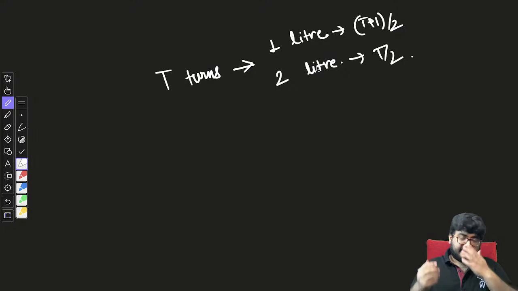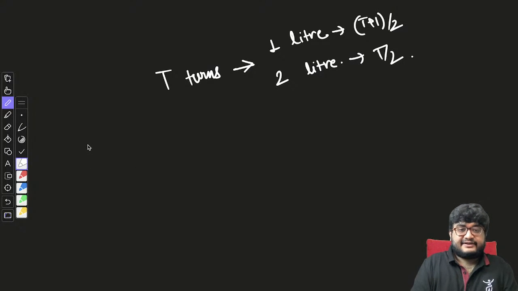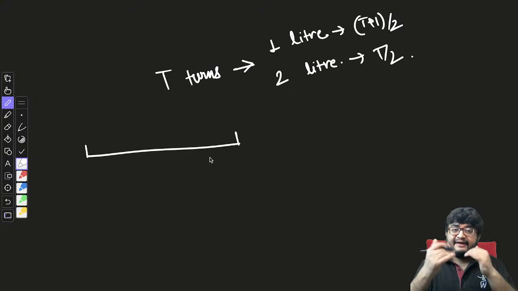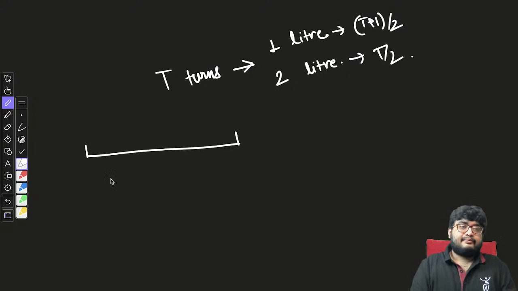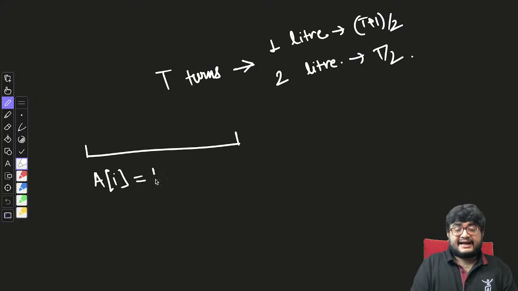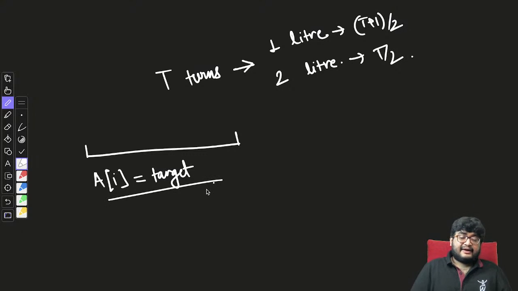Now the task that we have is to make all the elements of one array. Again, we have a similar task, right? Not a_i equals b_i, but we have to make all a_i equal to some target element. Can anyone tell me what can be the optimal value of the target?